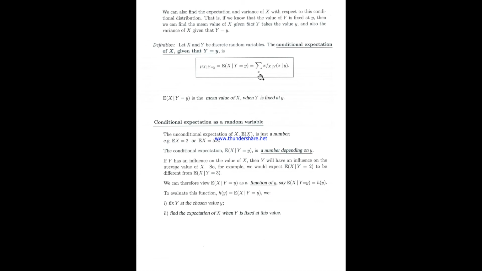Since this is the discrete case, you have to take all the values of random variable X and multiply each with its probability.